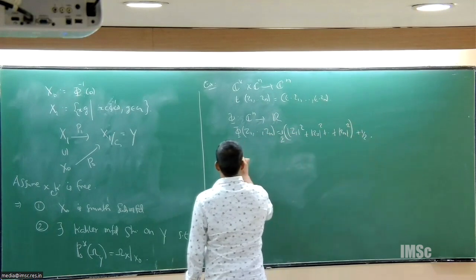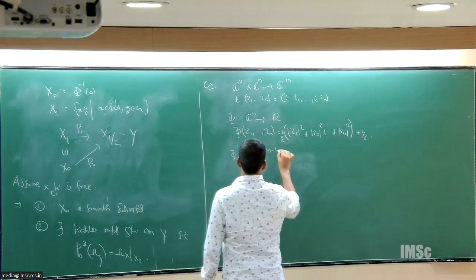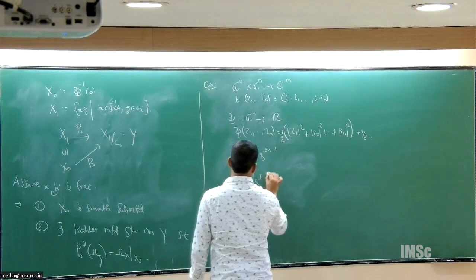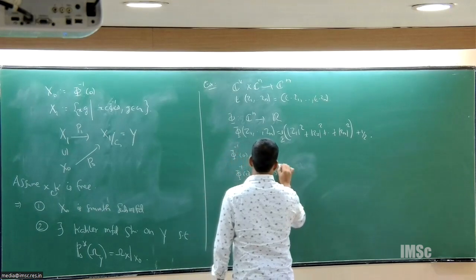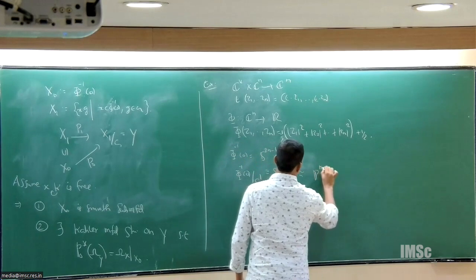Then the level set is the S2n minus 1 sphere. The quotient of S2n minus 1 is Sn, which is isomorphic to Pn minus 1.